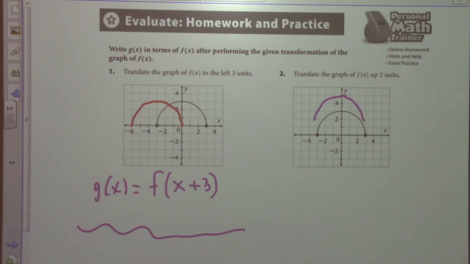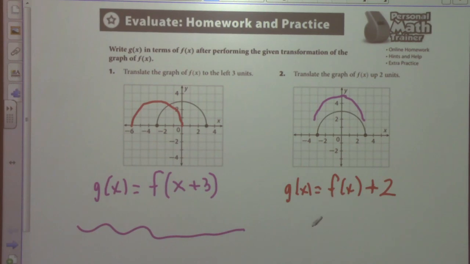So this one's going to be g of x is equal to f of x. And what do we have to do to this function here? Yeah, so we'll put plus 2, in this case, on the outside of the parentheses here, okay?